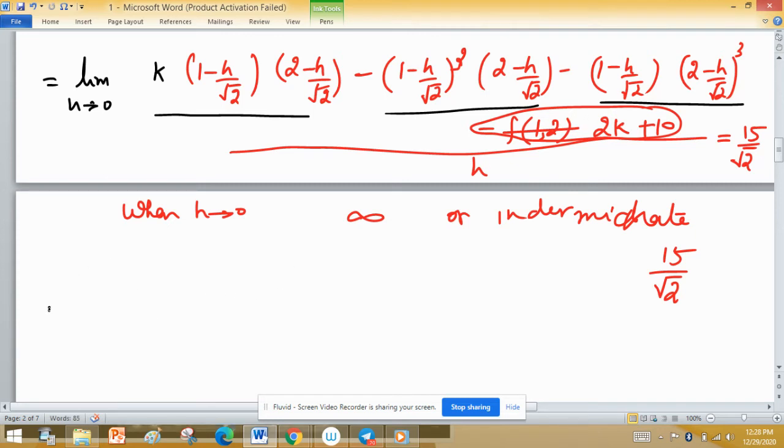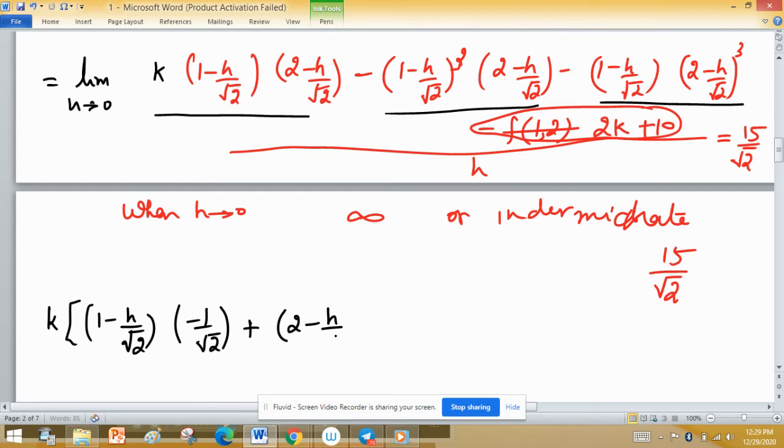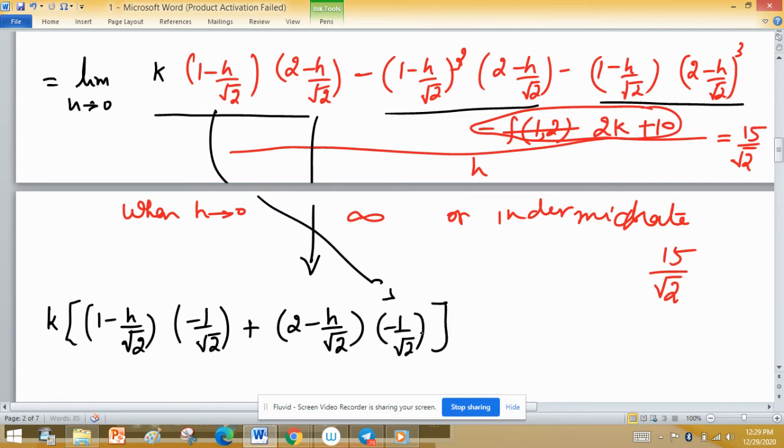So it will be k times the first bracket, same as 1 minus h upon root 2, and the derivative of the second one is minus 1 upon root 2, plus the second bracket, same as 2 minus h upon root 2. This is the second bracket, and the derivative of the first one will be minus 1 upon root 2. This is the derivative of the first term.